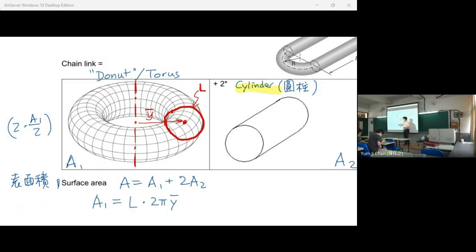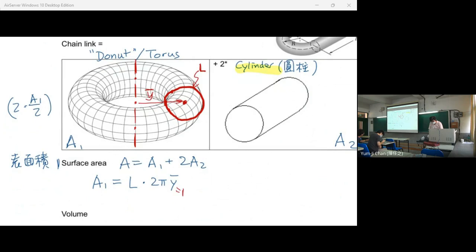And what is y bar here? Y bar in this problem is equal to R, which is equal to 10 millimeter. And L is the circumference. Because the diameter is 6 millimeter, it is equal to 6 millimeter times pi, right?